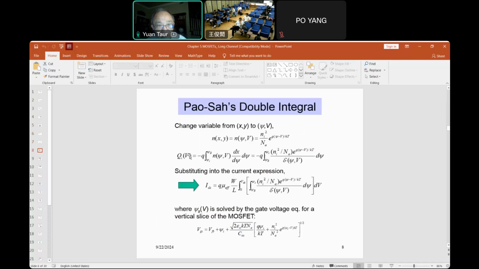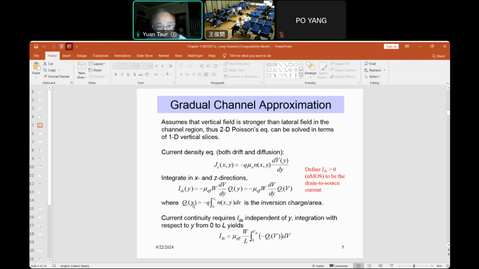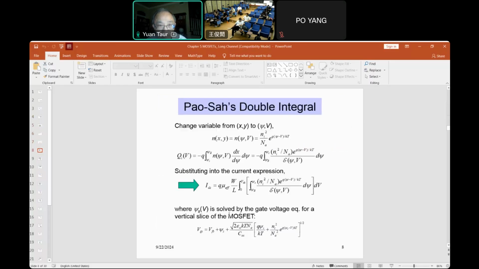When we integrate to get qi, the integration of this volume density in the depth direction, we change variable. It was the integration of n dx, and it becomes n d psi divided by d psi dx, which is the electric field.